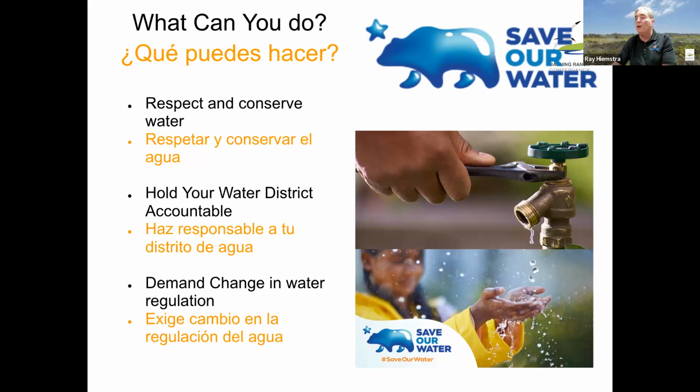And basically what it says is that the first person to come and use that water, and of course it completely ignores the rights of the tribes and the indigenous people that were here and have been utilizing that water for millennia, has the right to continue using that amount of water in perpetuity. So, for example, in southeastern California, the Imperial and Coachella water districts were the first districts to take water off the Colorado River.